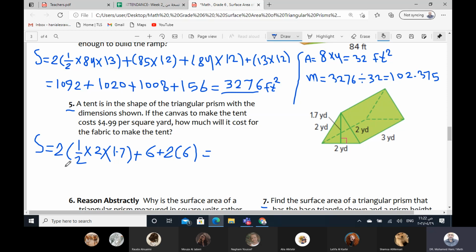Now we can calculate: 2 times 1 over 2 will be 1. Then multiply by 1.7. The answer will be 3.4, plus 6, plus 2 times 6, which will be 12.